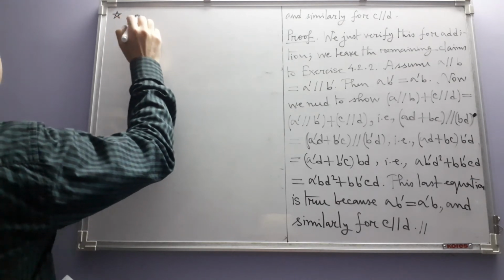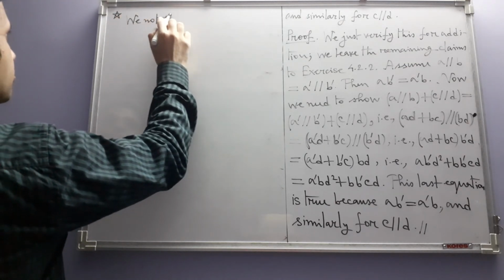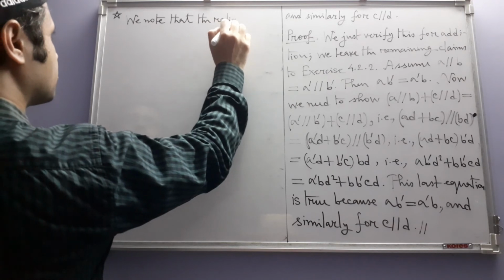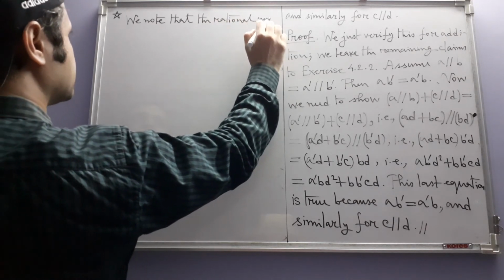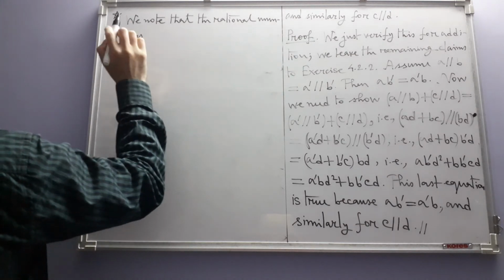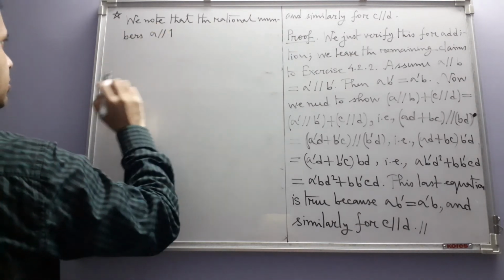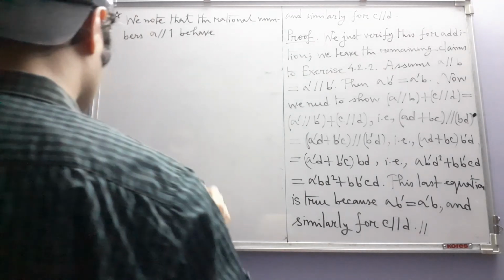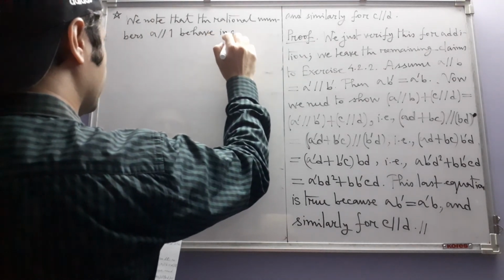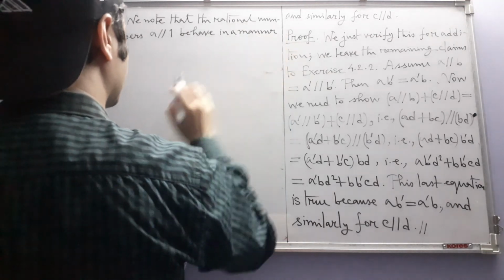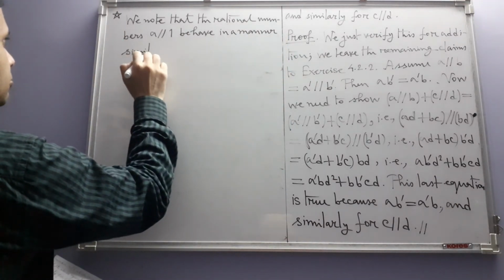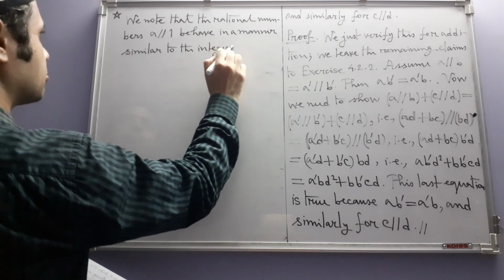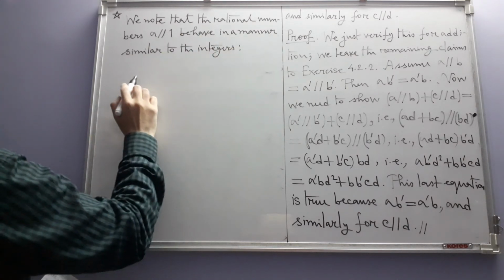We note that the rational numbers a by 1 behave in a manner similar to the integers in this following sense.